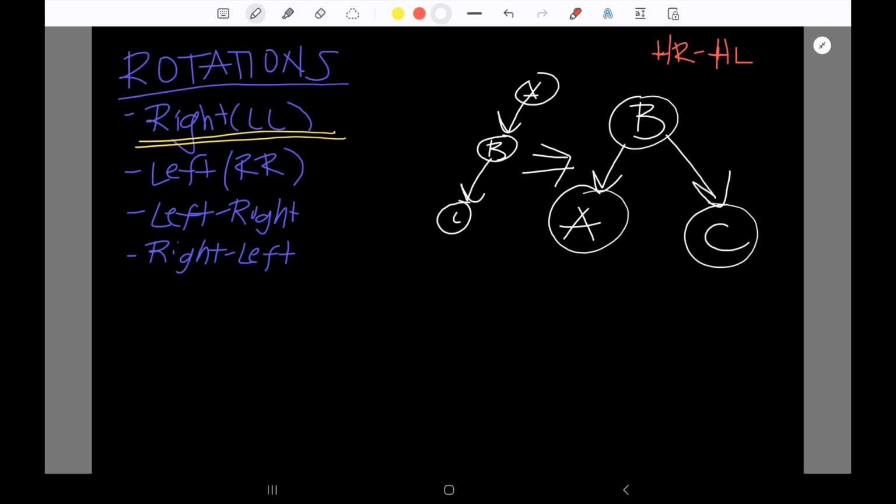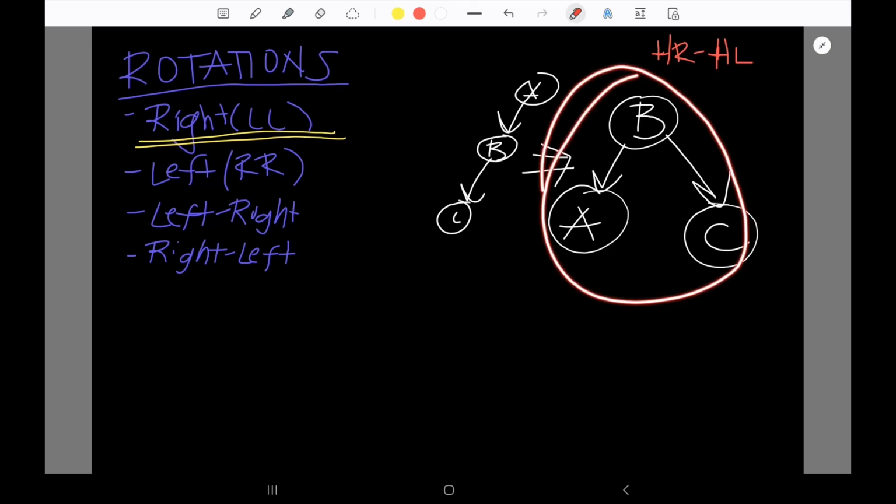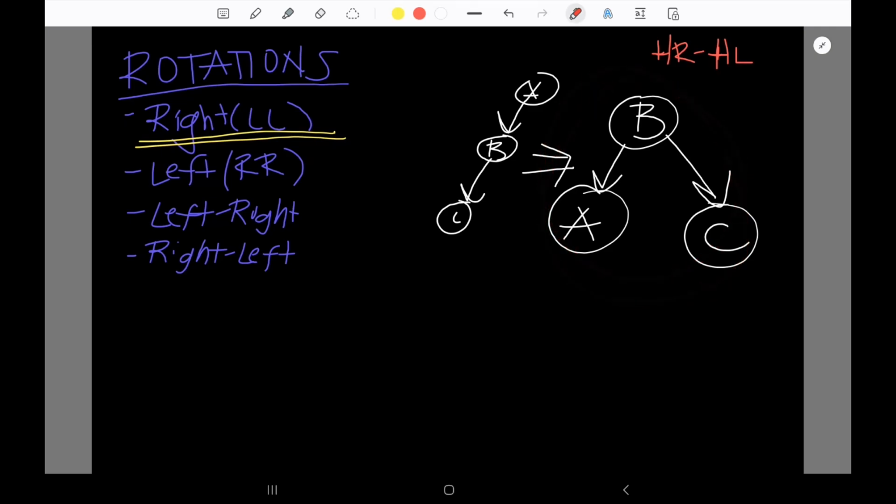So this tree is now balanced because the children, or the leaf, has a balance factor of 0, 0, and here we have 0 because 1 minus 1 is equal to 0.